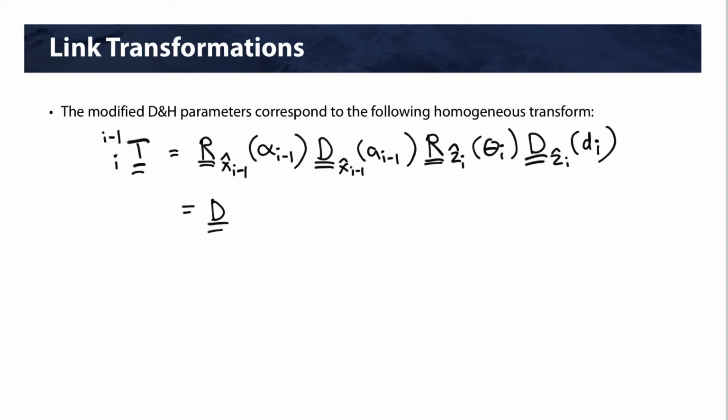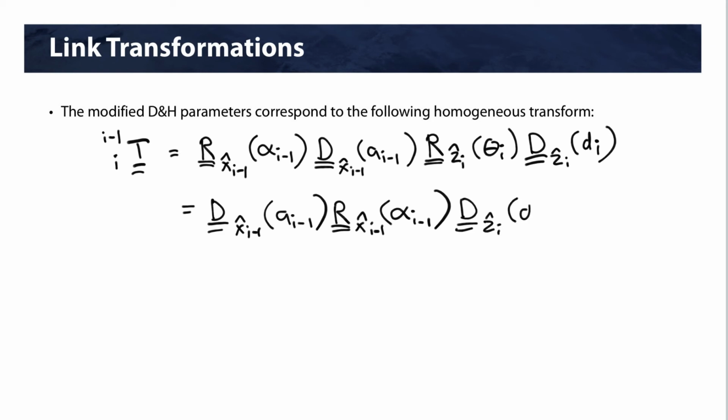We could do the displacement first, then the rotation by alpha i-1, and then we can do our displacement about the Zi, and then our rotation about the Zi by theta i. And it's the same answer. You can switch those two, and you can switch those two.